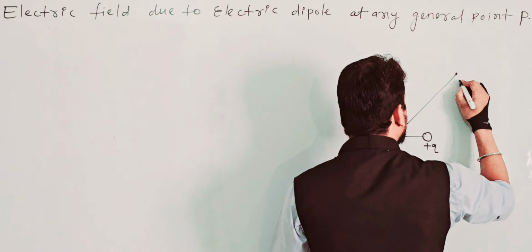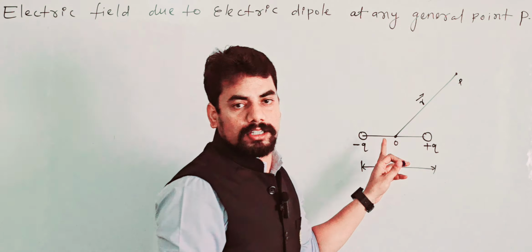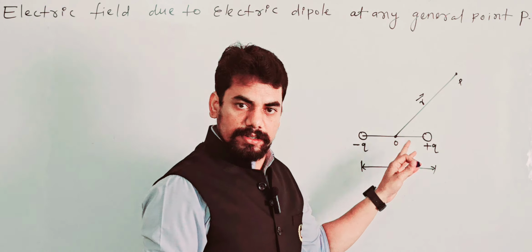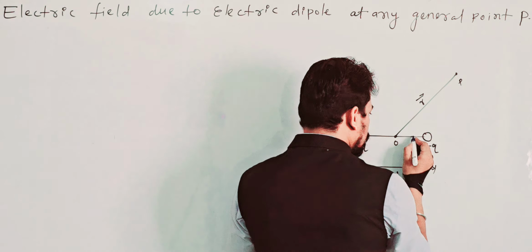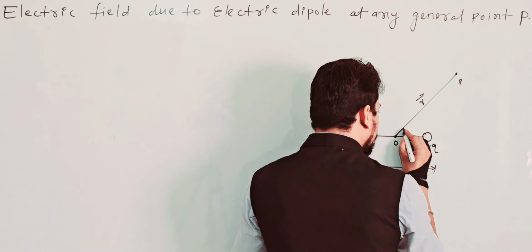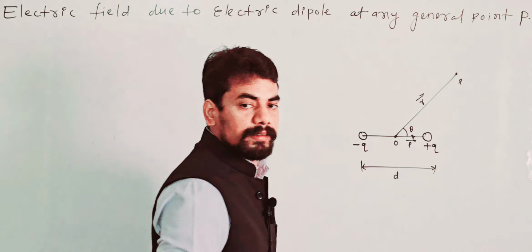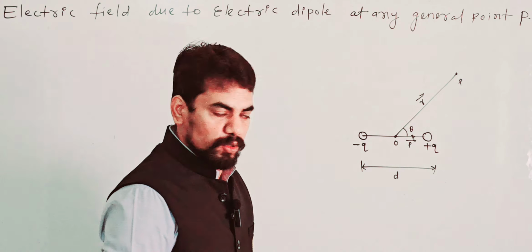The position vector of point P from the center of the dipole is r vector. This is the direction of the dipole moment, p vector, and the position vector makes an angle theta with the dipole moment.